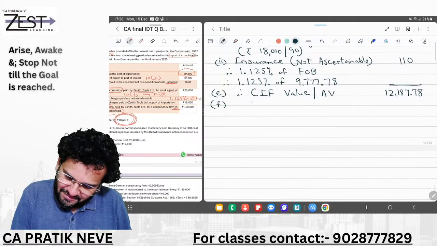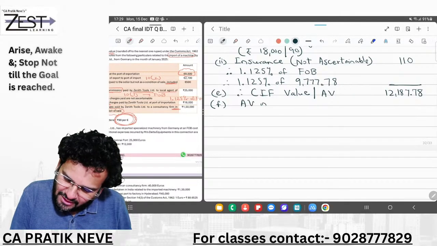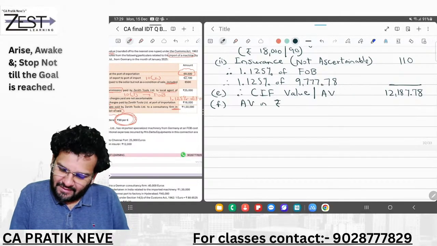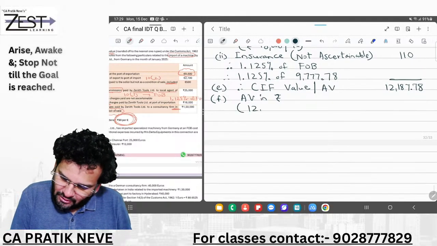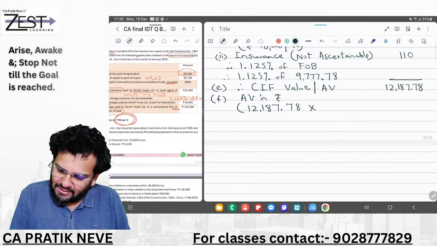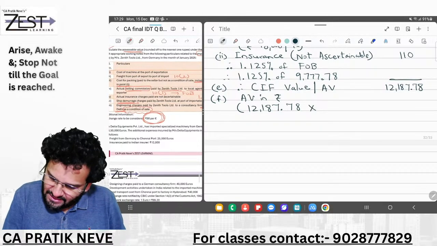Now, friends, calculate assessable value in rupees. What will be assessable value in rupees? 12,187.78 into, friends, 90.